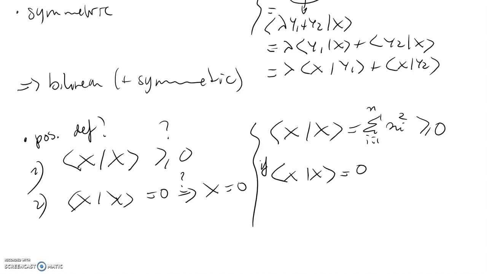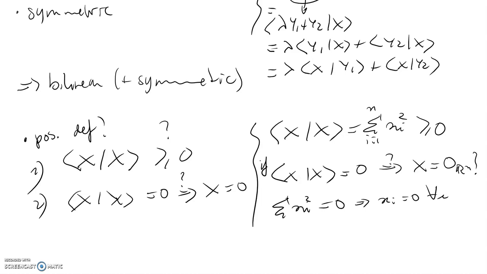Assuming that it is equal to 0, does it imply that x is equal to the 0 of Rn? Okay, so let's try. <x, x> gives you the sum of xi squared. Assuming that it's equal to 0, of course, a sum of nonnegative items equal to 0 implies that all these items have to be equal to 0. So x is equal to the 0 of Rn, the item of Rn that has 0 components everywhere.